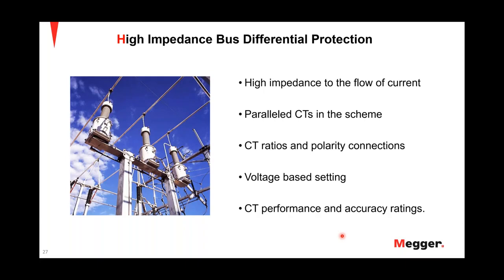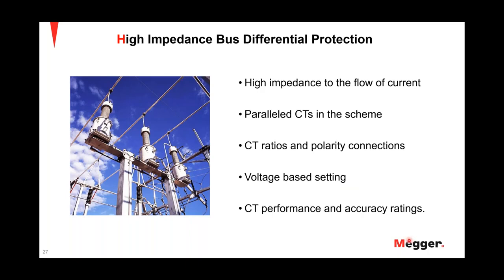And there are different types of this scheme implementation. You can also see a voltage-based setting present on a relay. Even though the difference is in current, the relay uses the voltage drop across the relay to monitor the condition, whether it's an internal fault or an external fault.